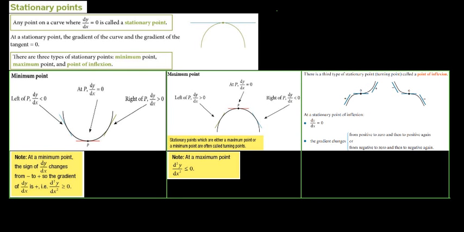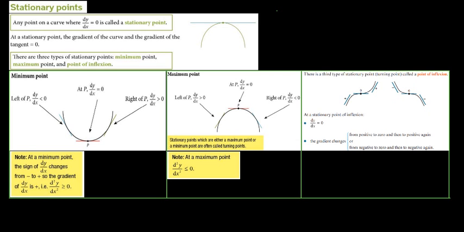The other case is the second diagram, which shows the gradient changes from negative to 0 and then again to negative. That means the curve has come downwards, and after this stationary point, the curve is still going downwards. So this third type of stationary point is called the point of inflection.